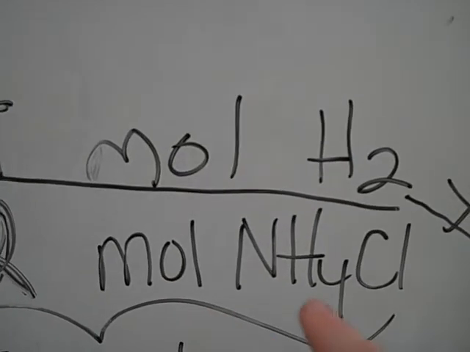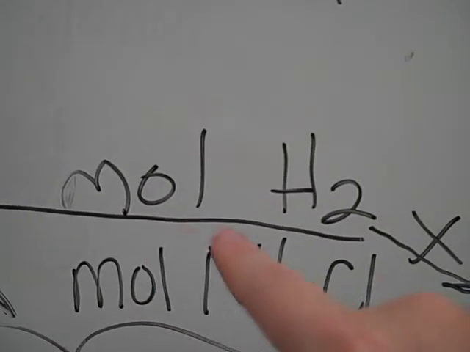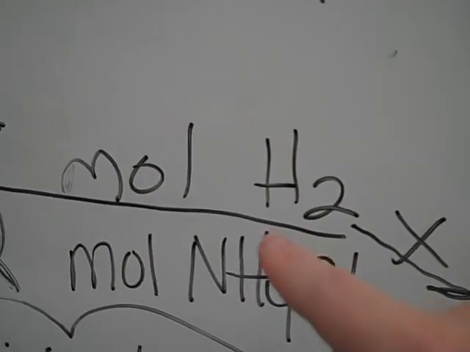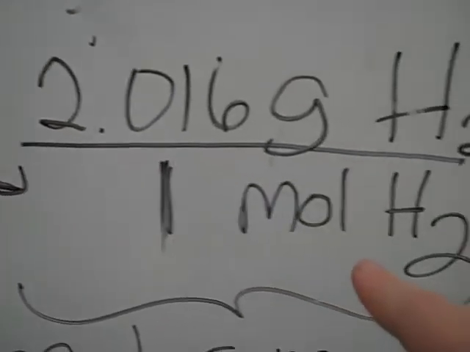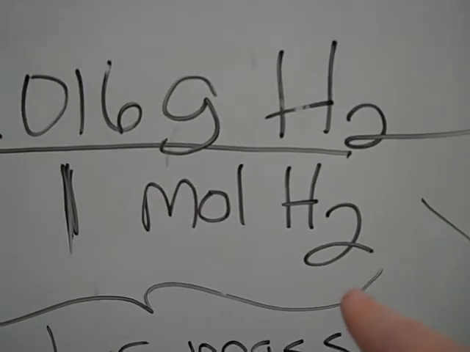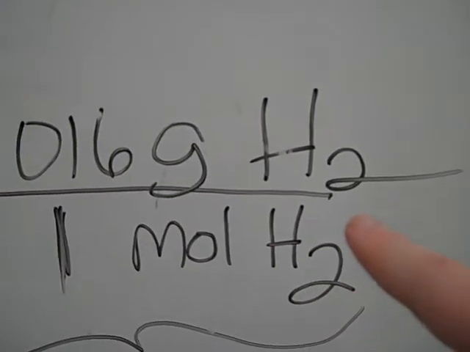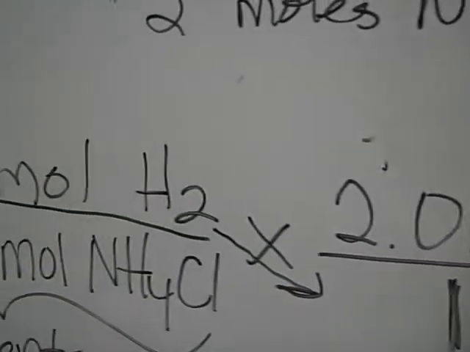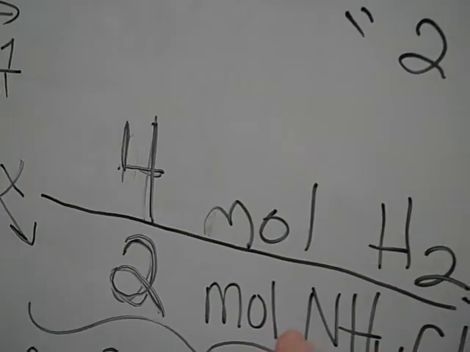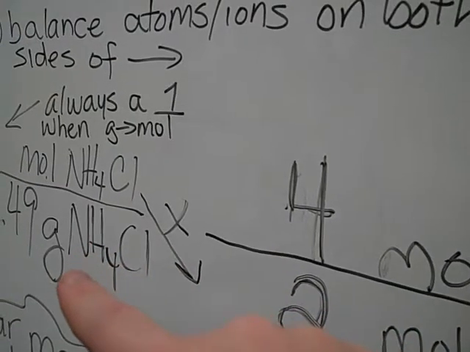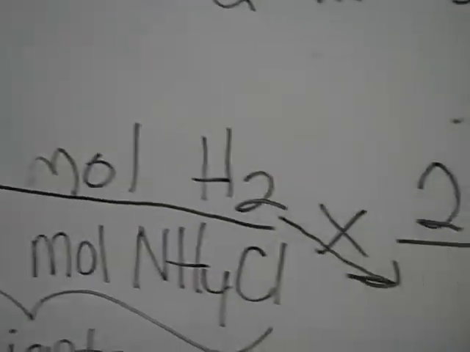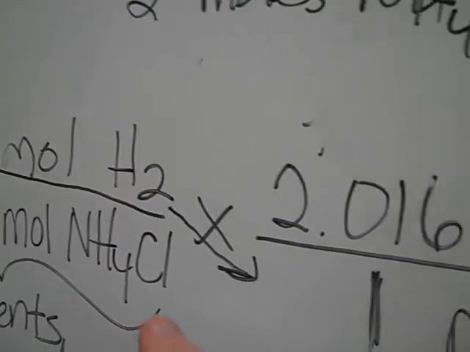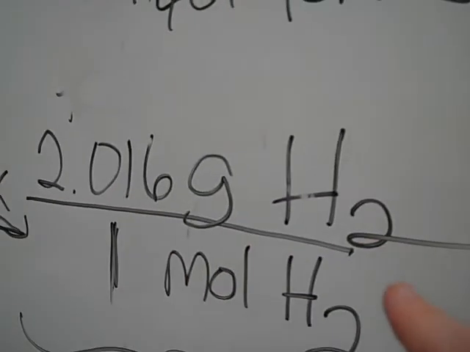To do that, I go from moles of ammonium chloride to moles of H2. Lastly, if I want grams of H2, I need to take that unit that I don't want anymore, put it on the bottom, and put the grams of H2 that I go into. Notice we didn't go backwards. Once we were in moles of NH4Cl, there was no point to go back to grams of that. And once we were in moles of H2, there was no point in going back to moles of NH4Cl. So keep your goal in mind.